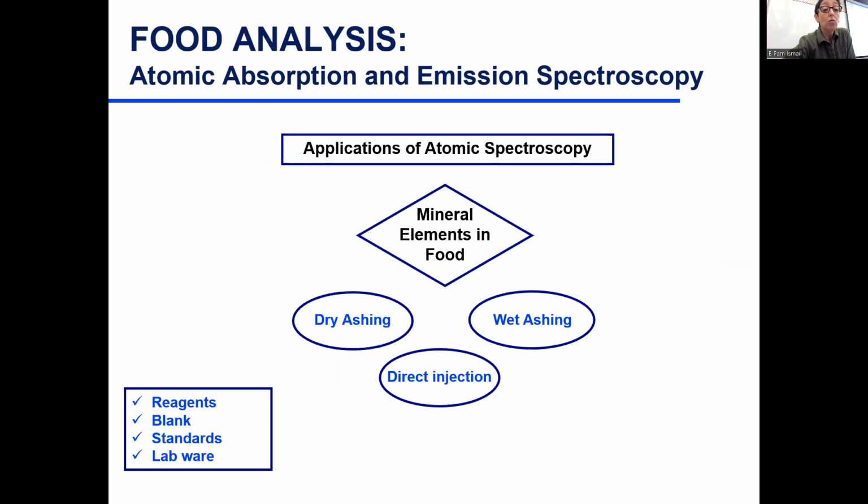Okay, so preparation of your sample for atomic absorption. So your sample, your elements need to be in solution, basically. So you have to remove organic matter so that you don't have interference. Your elements are not interacting with organic matter. That's why we ash the sample.